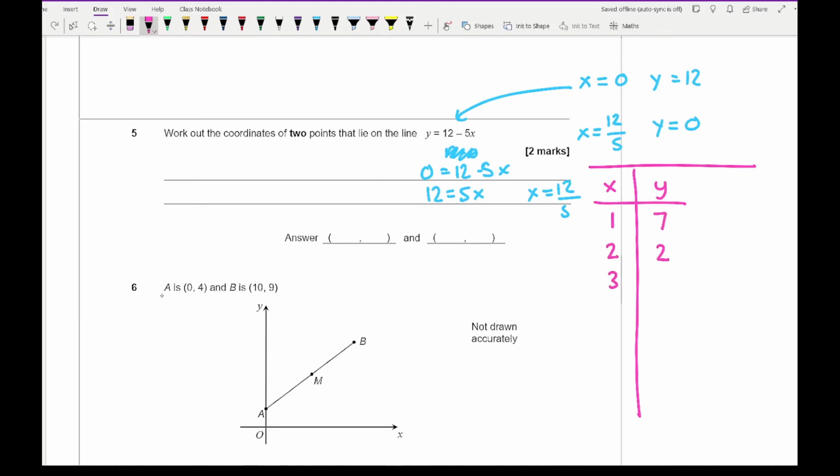When x is 3, 5 times 3 is 15. 12 take away 15 is going to give me minus 3. And again, we don't need to go to this extent, but basically we can work out any of these, and any of these could be your answers. And we've got minus 18, minus 23, minus 28, and so forth.